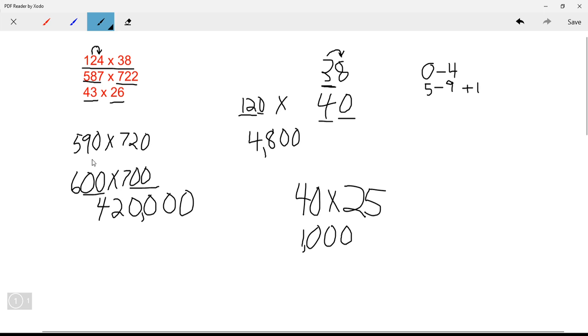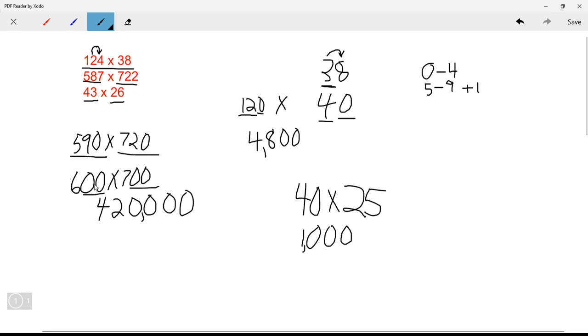So I also want to mention that the lower the place value that you round or estimate to, the closer it is going to be to the actual answer, right? So 590 times 720 is going to be closer to the actual answer than 600 times 700.